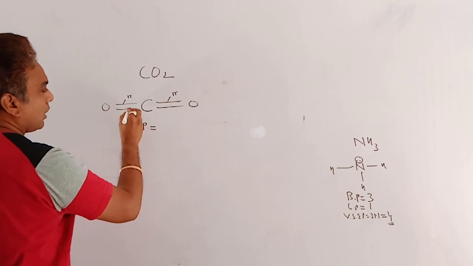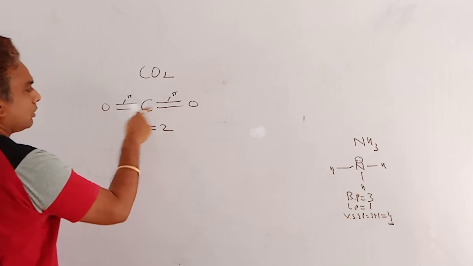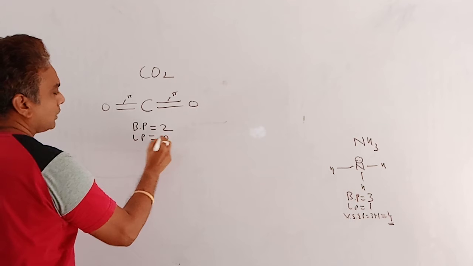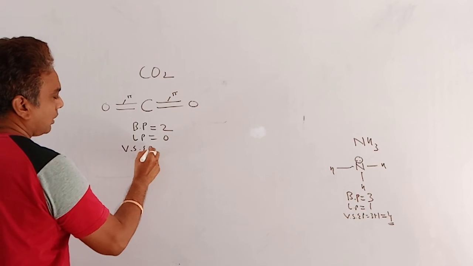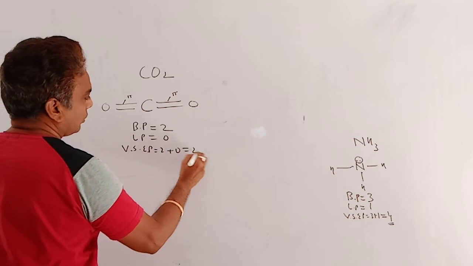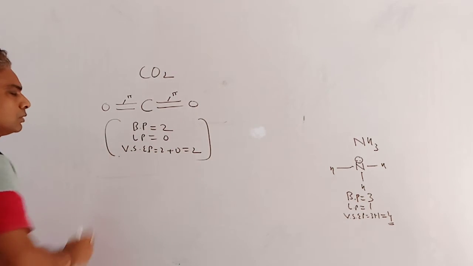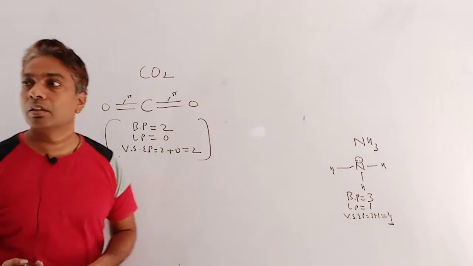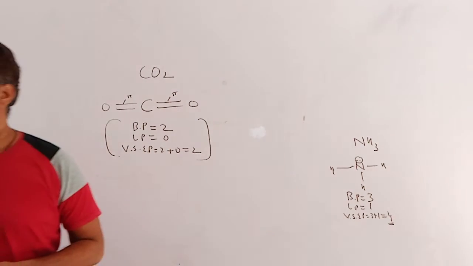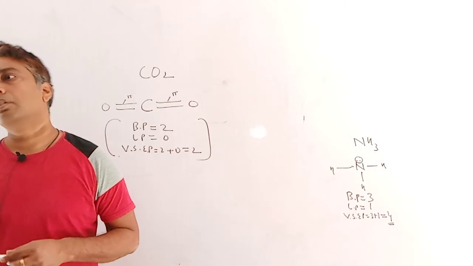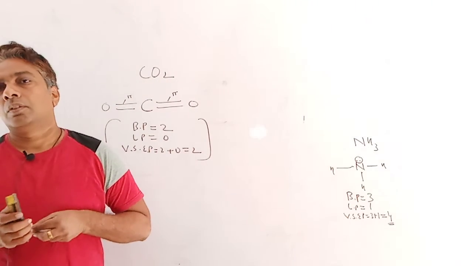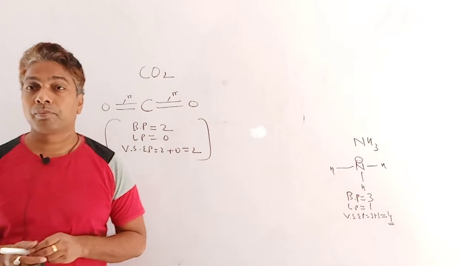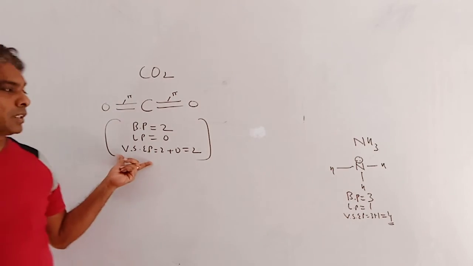So bond pairs are only 2 sigma, only 2 counted. Lone pair is 0. So we have VSEPR 2 plus 0, 2. Clear?